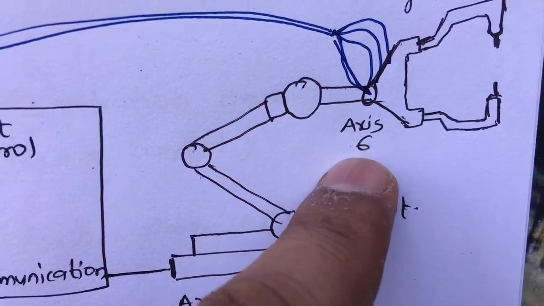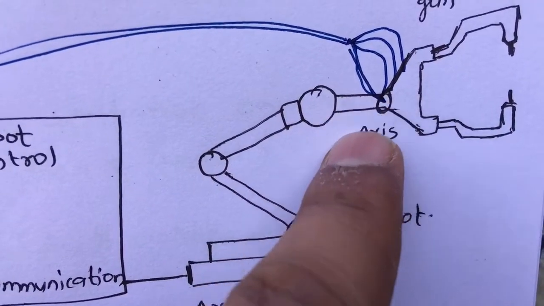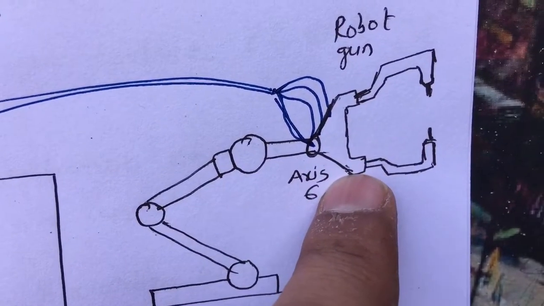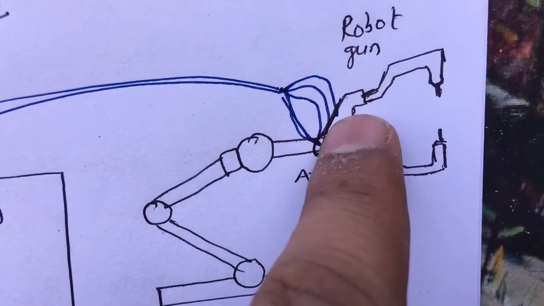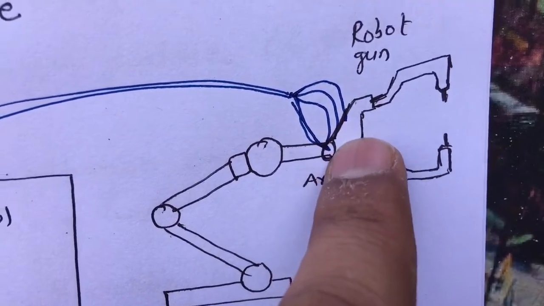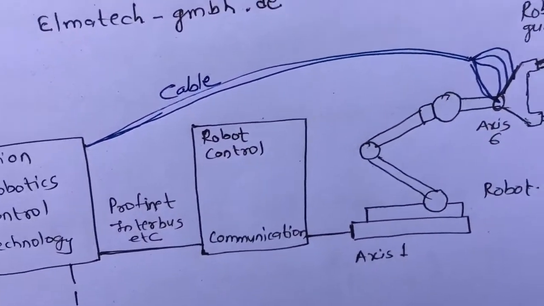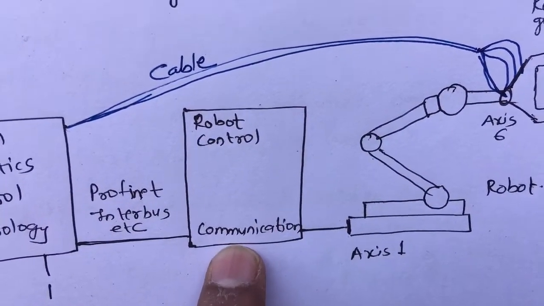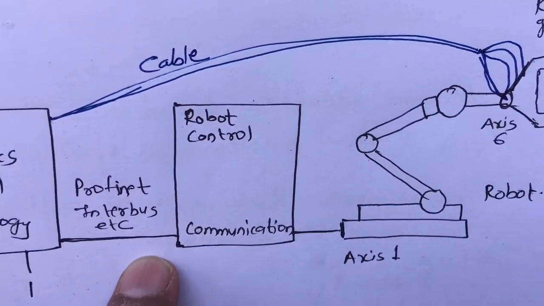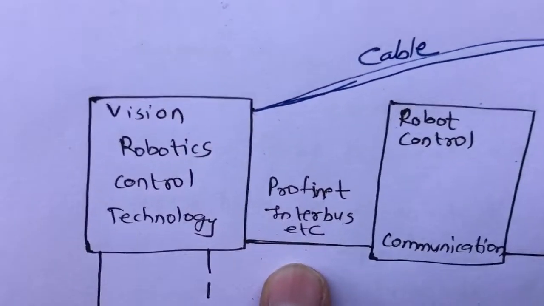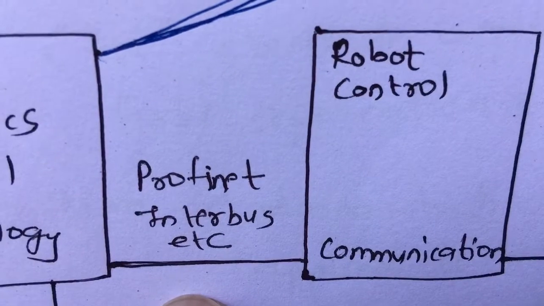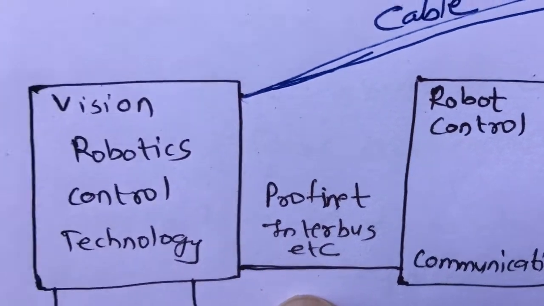This is specifically a 6 degrees of freedom robot, and the 7th degree of freedom is the tool, that is the spot welding gun. This robot is going to communicate with a specific robot controller, and the robot controller is going to have Profinet and Interbus or a variety of communication protocols.